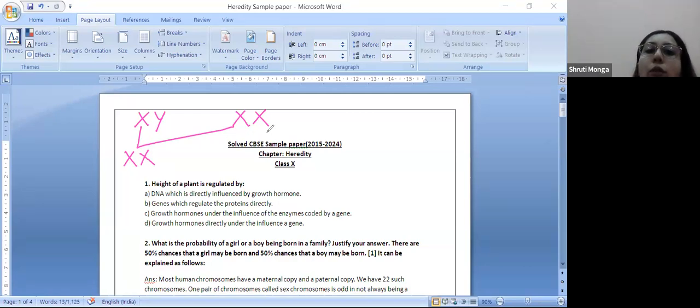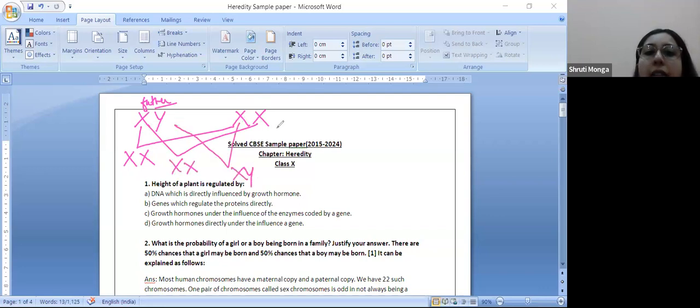The father has the XY set of chromosomes, whereas the mother or the females have the XX set of chromosomes. So if you do the cross between these two, you will get to know the probability. So this XX and XY.